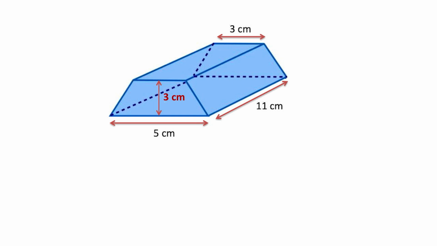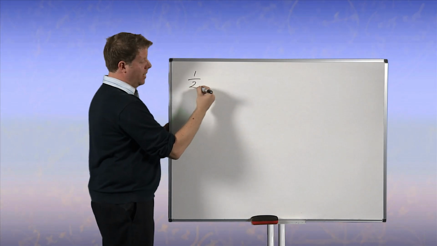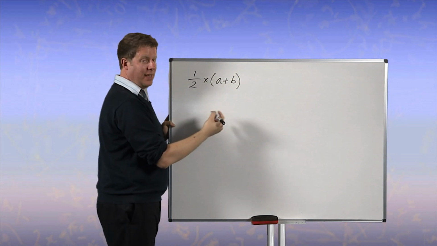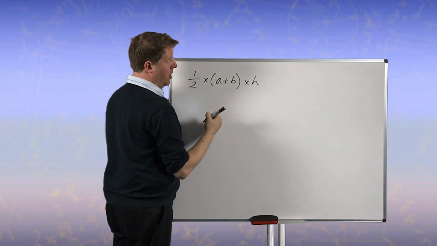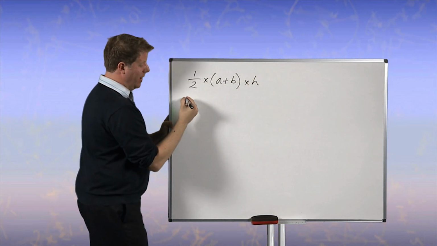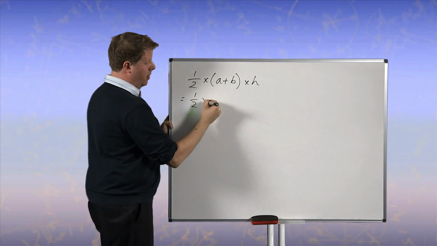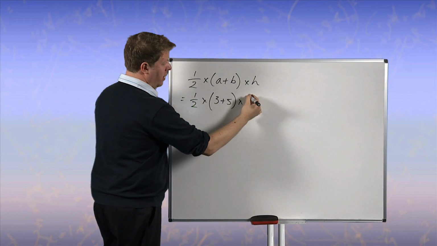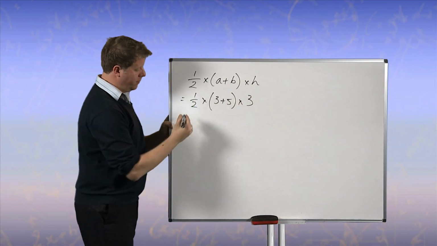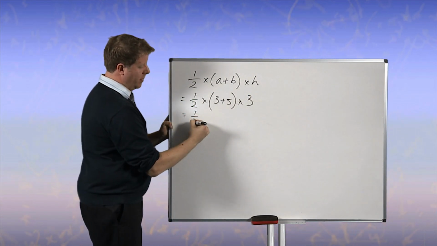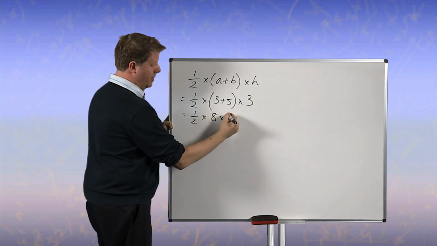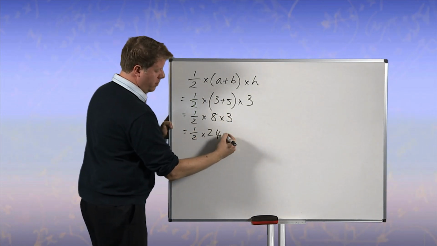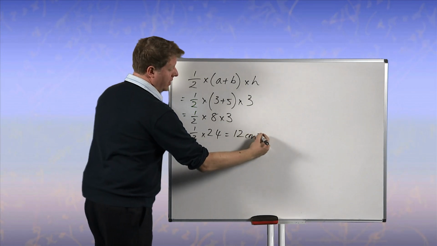So remember, the area of a trapezium is a half multiplied by the two parallel sides added together, multiplied by the height, which, when we use the values they've given us, is a half multiplied by 3 plus 5 times the height of 3, which gives me a half of 8 times 3, which is a half of 24, or 12 centimeters squared.